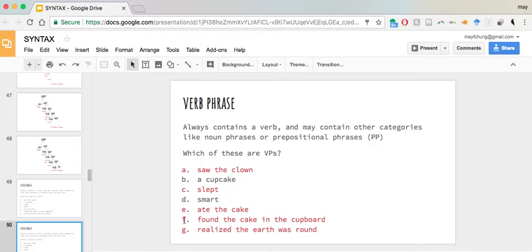I would also accept D if you mean the kind of antiquated sense, like the spark plug smarted or something like that. But as far as the more modern colloquial meaning, I would stick with the ones that are highlighted in red as your verb phrases.